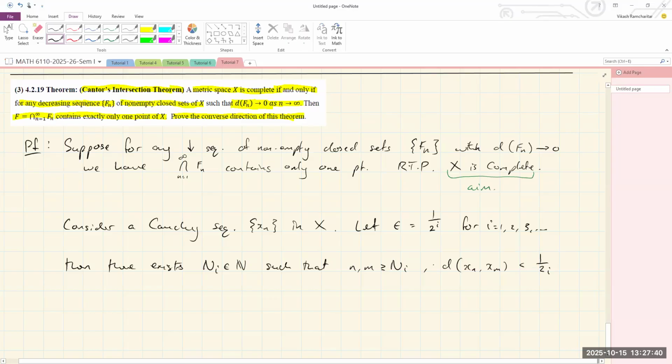So in particular, what I'm going to do is set m to be equal to Ni, because this inequality holds for any n and m bigger than or equal to Ni. So let's fix m.